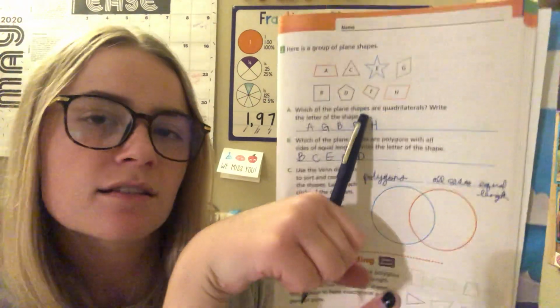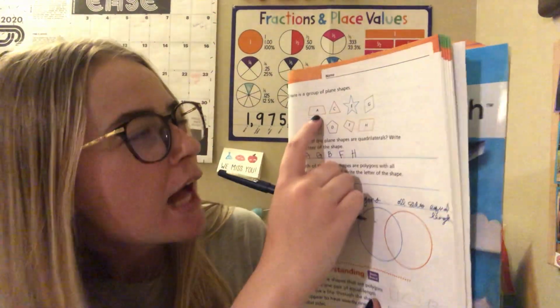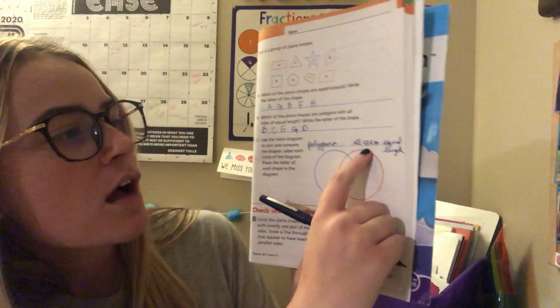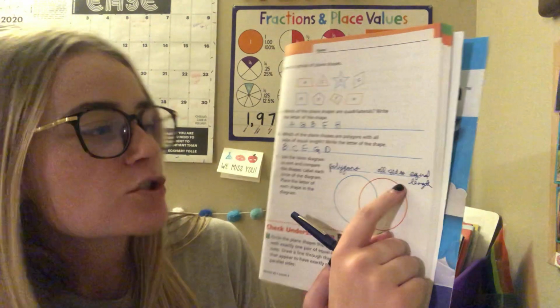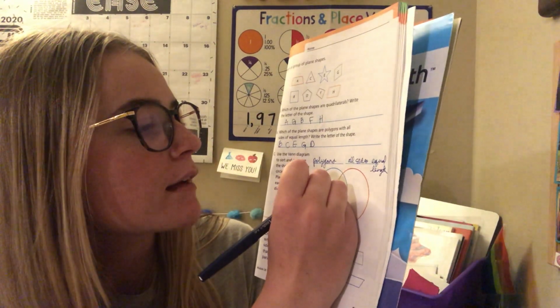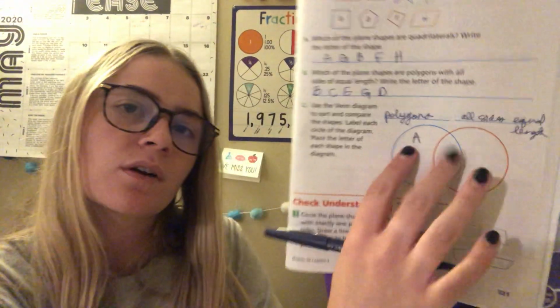We're just using how we split it up before. So let's think about shape A. Shape A is a polygon, but do all sides have an equal length? No, it's just a polygon. It is a quadrilateral, but that's not what we're categorizing right now.